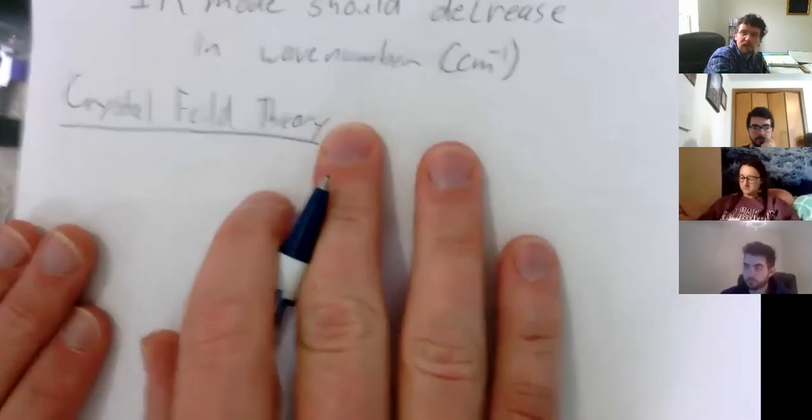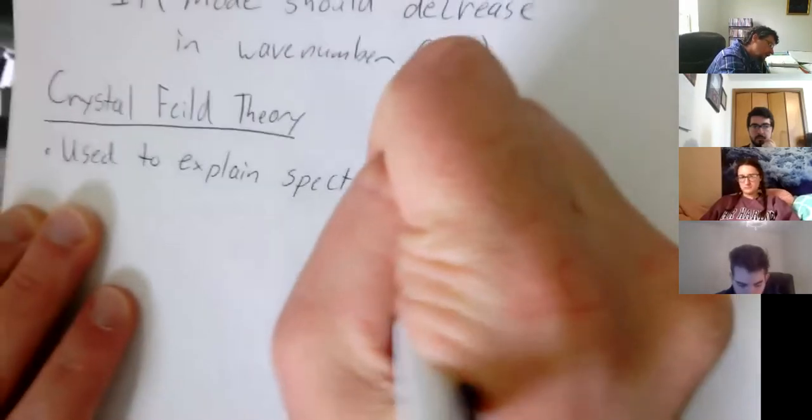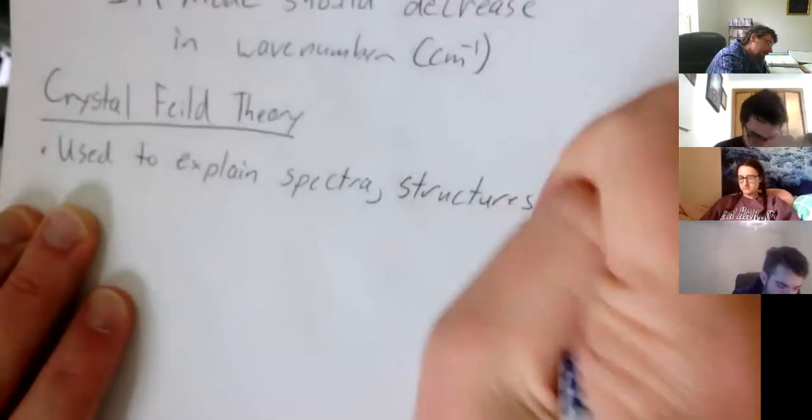So this is used to explain a bunch of different things that we see: spectra, structures, and magnetism.